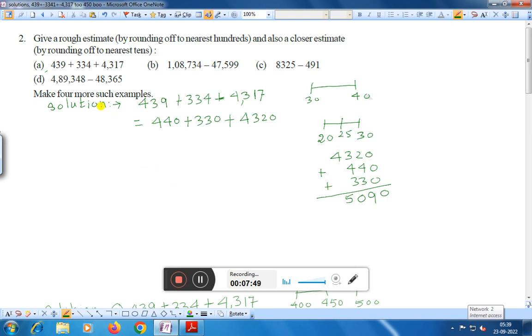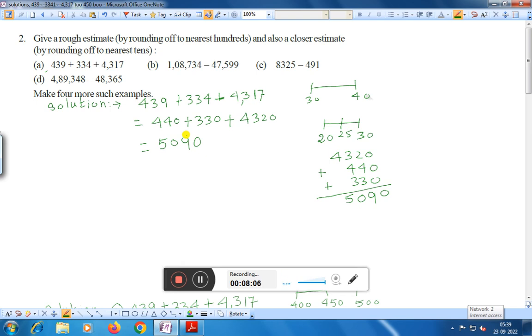Therefore the answer is 5,090, and the previous answer was 5,000.